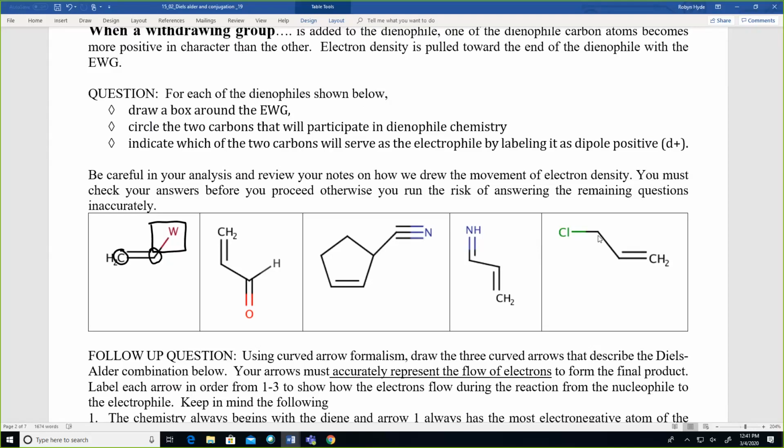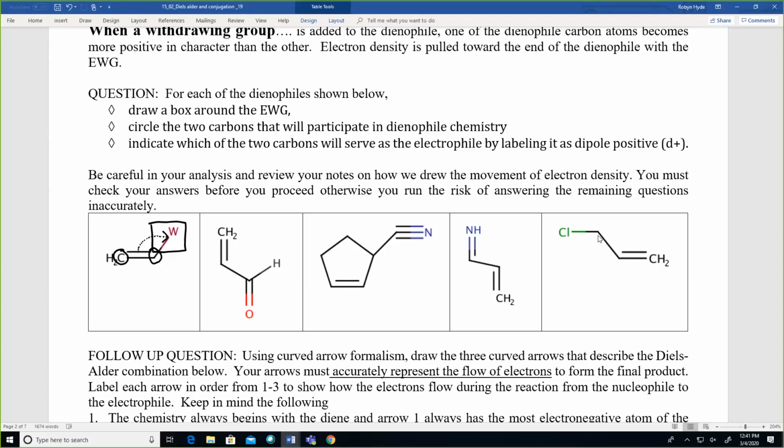Here's how we do that analysis. We know that the withdrawing group is pulling away electron density, so it is as if I am pulling electron density towards the withdrawing group.